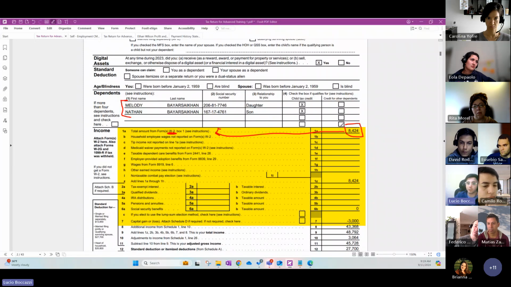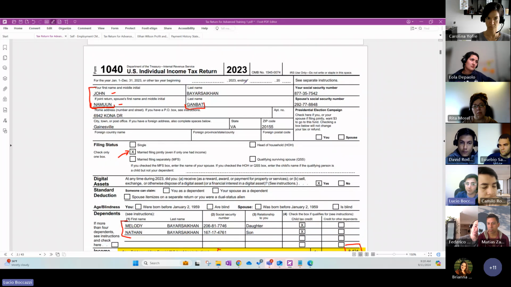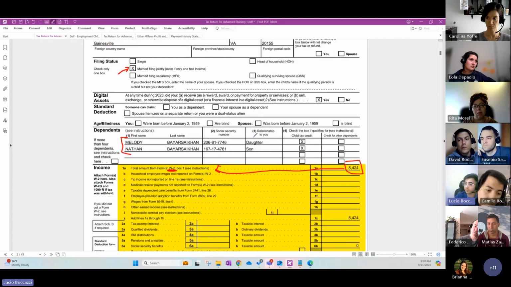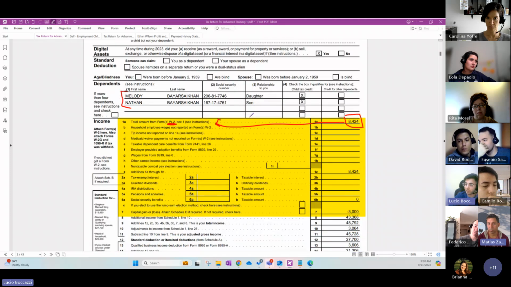Okay? But the fact that you see wages here means that at least in 2023, one of them had a job. So we want to find out first if they still are employed. And if they are, they will need to add it into the application as normal employment. And for that, we will use the pay stubs to verify them.